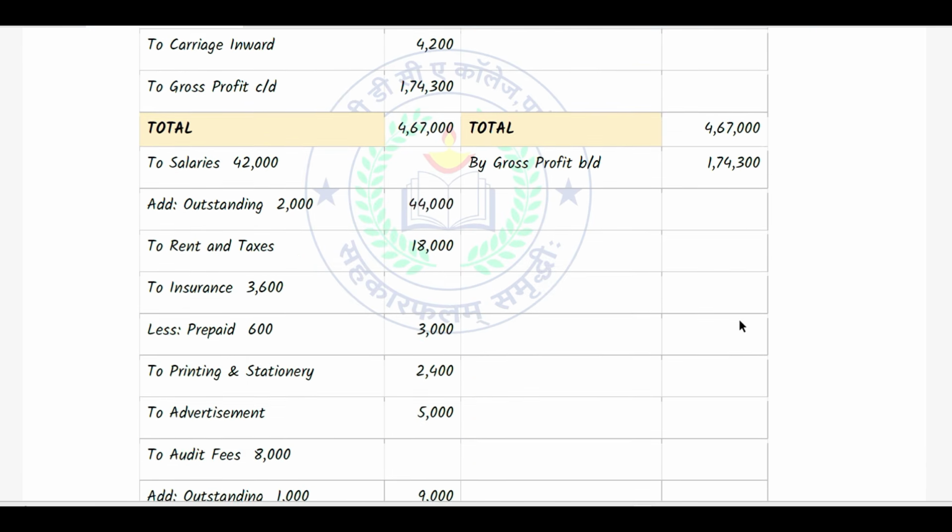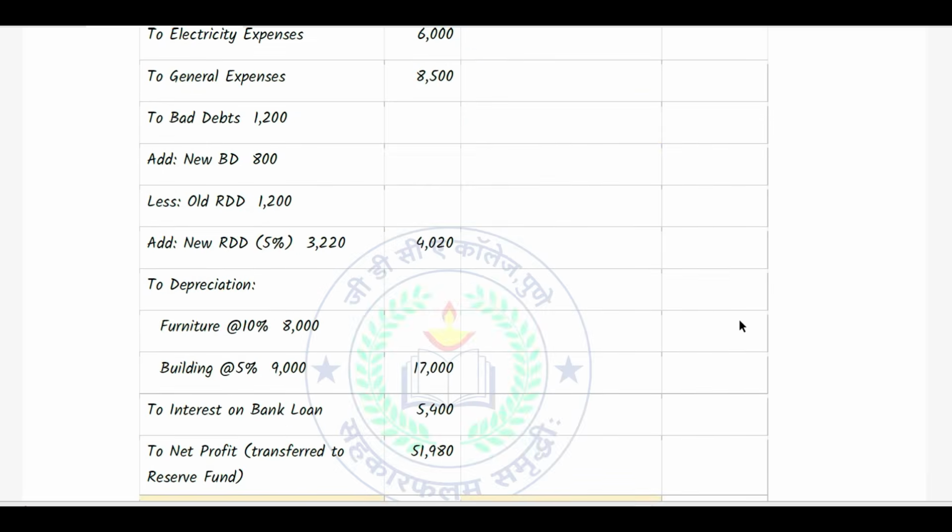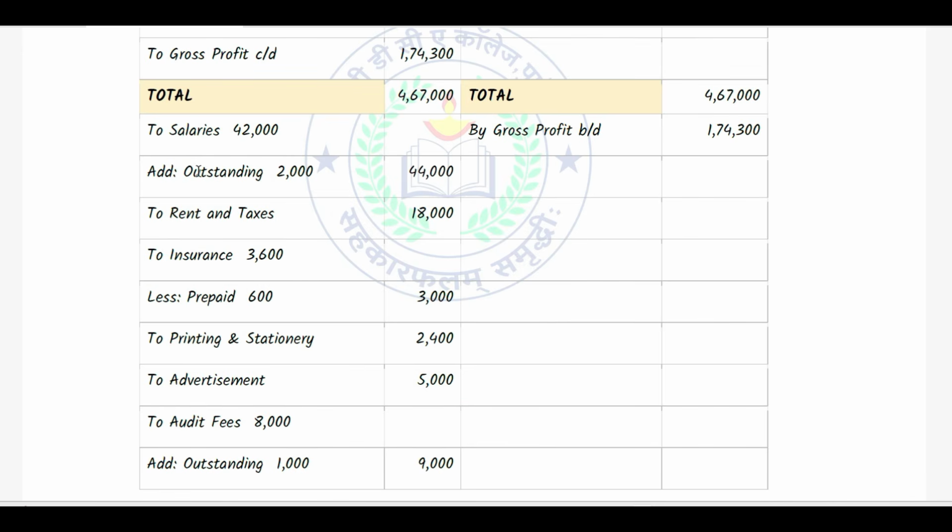Next, on the debit side again, salaries 42,000 rupees, add outstanding 2,000 rupees, which is coming up to 44,000 rupees. To rent and taxes 18,000 rupees. To insurance 3,600 rupees, less prepaid 600 rupees, we have to deduct that 600 rupees from 3,600 rupees, that is coming up 3,000 rupees.